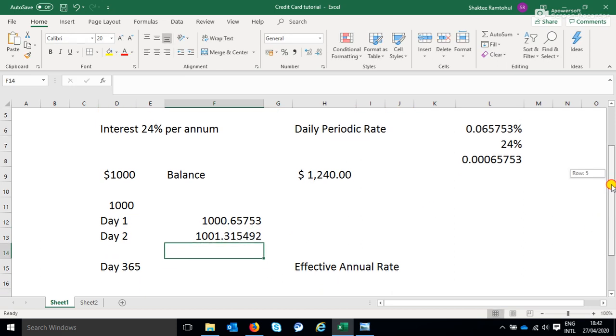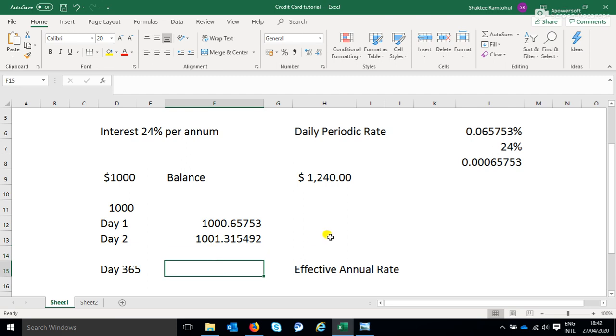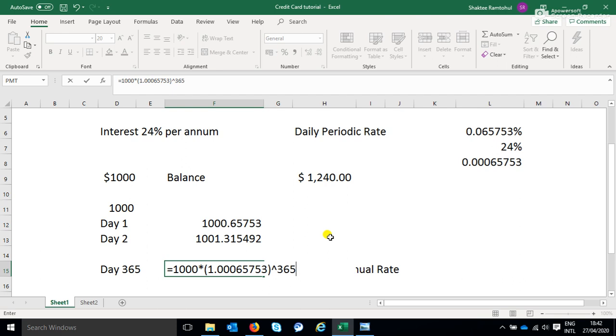Now, we can calculate that, and if you want the balance after 365 days, all we're doing is this: 1,000 multiplied by 1.00065753, all to the power of 365.